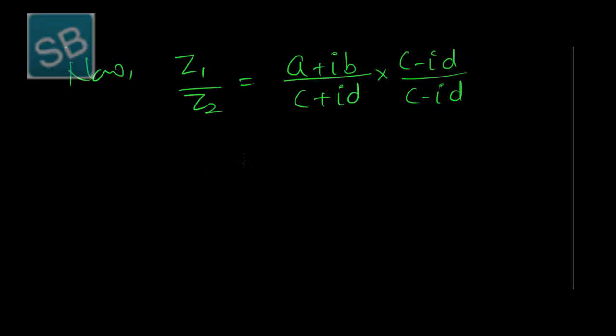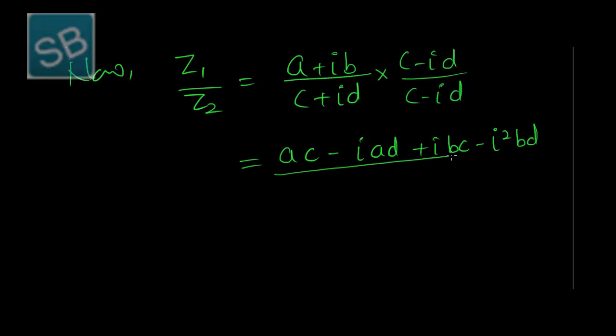It gives AC minus iota AD plus iota BC minus iota square BD over C square minus iota square D square.